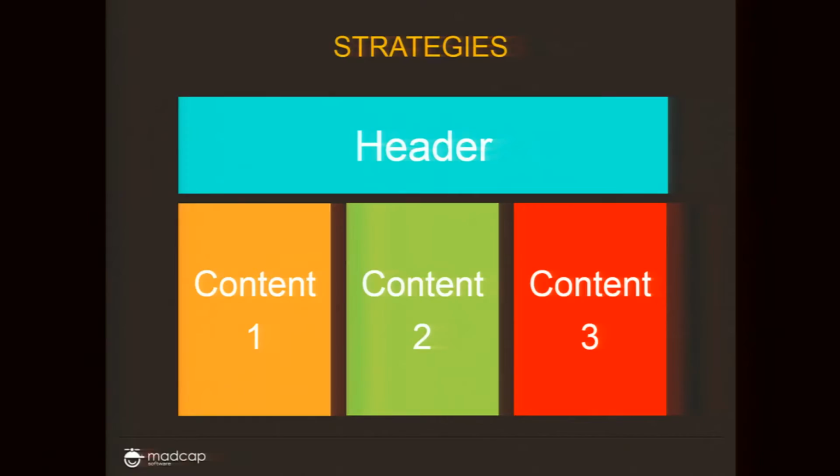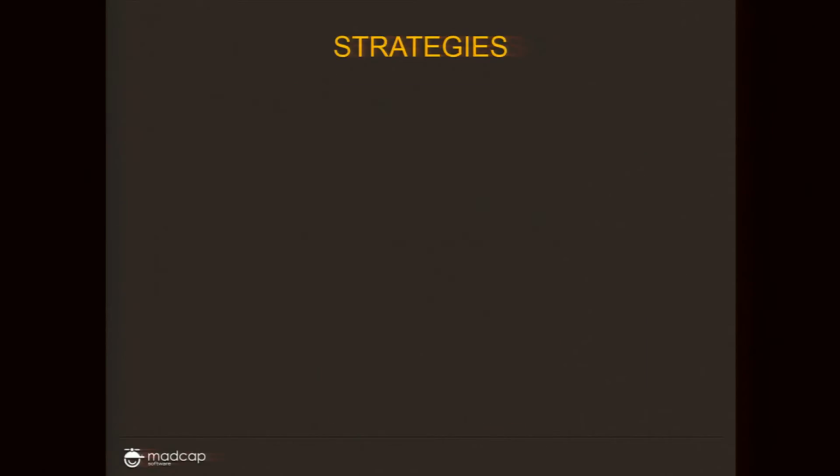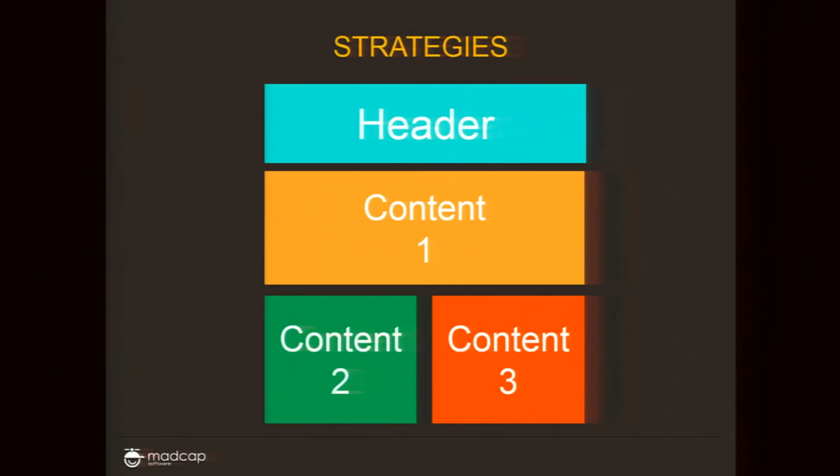But by treating these as separate content areas, we can use one of those media queries to reflow these major areas. So if this does get rendered on a tablet that's in portrait mode, well, maybe I then have the header at the top, content 1, back. If content 1 is my major area, I want it full width, but then content 2 and content 3 can share the width of the tablet.